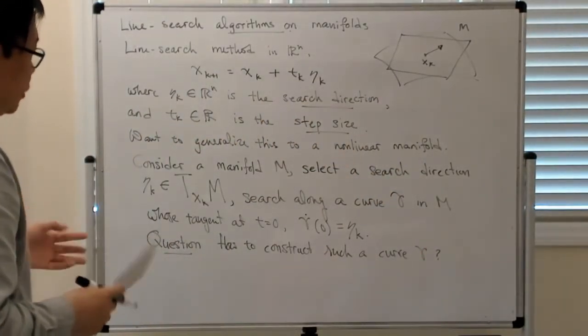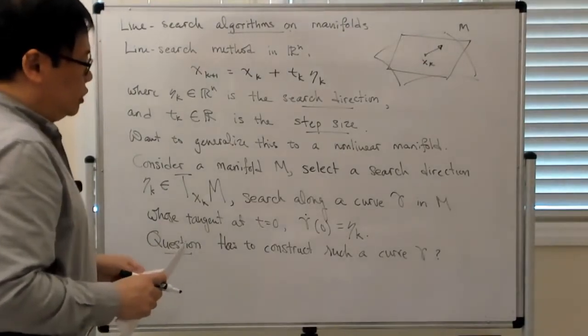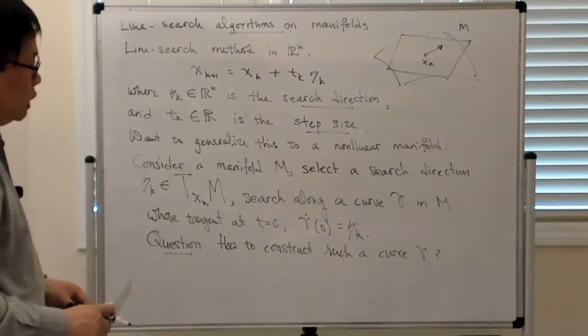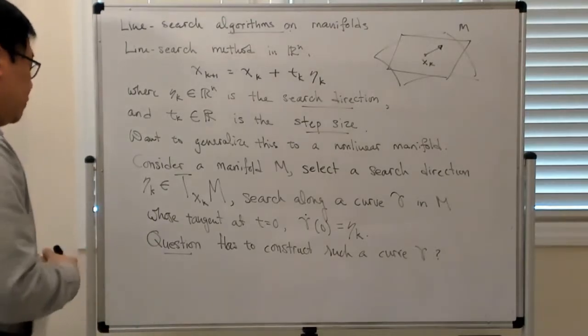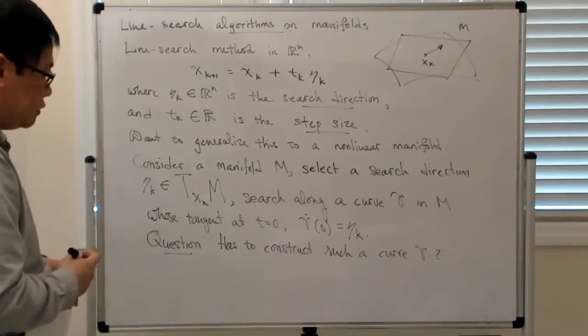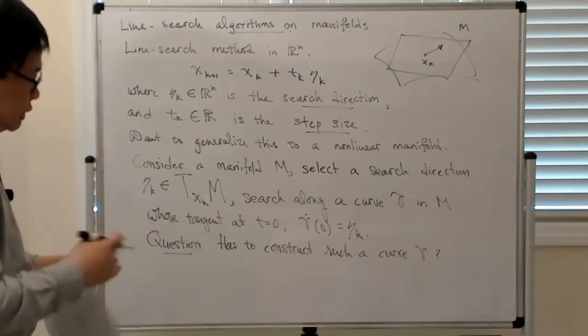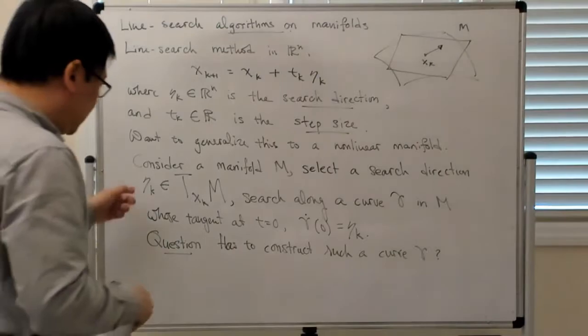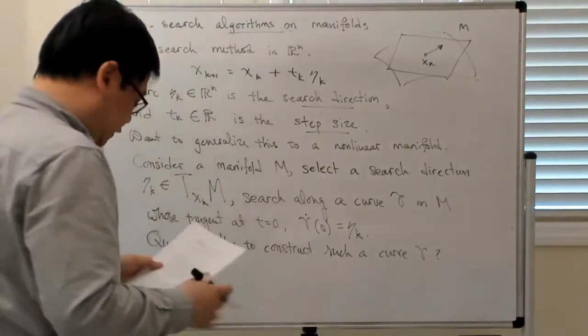The way we're going to approach this is to introduce a new structure on the manifold, which we'll call a retraction. What the retraction does is provide a way to relate this tangent vector with a curve in some appropriate sense.